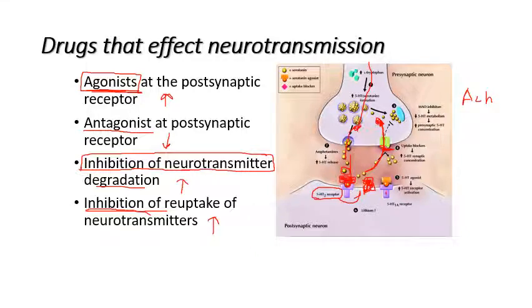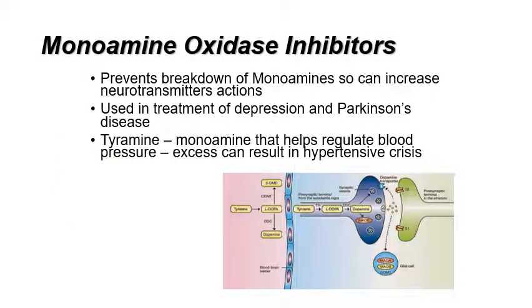That's where the drug companies are heading, to be more specific, because then they can target a specific system and have fewer side effects. But you can see how these can affect neurotransmission at the synapse. One example of a drug to increase signaling is a monoamine oxidase inhibitor.